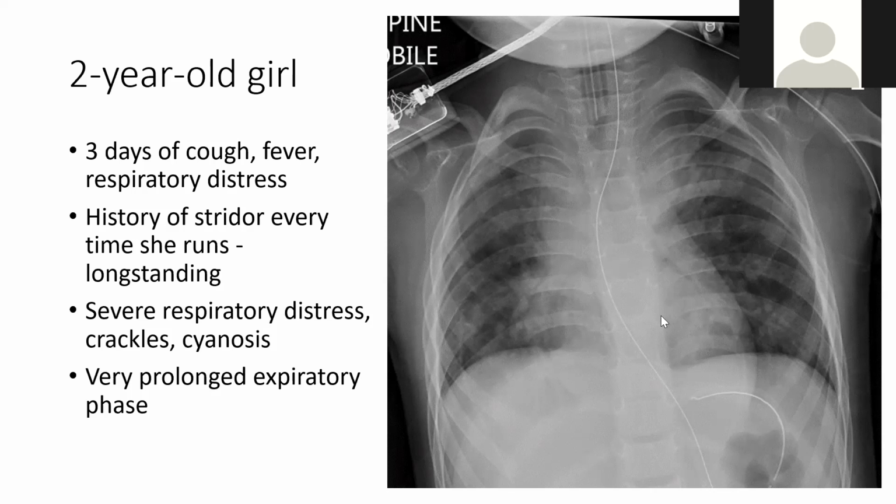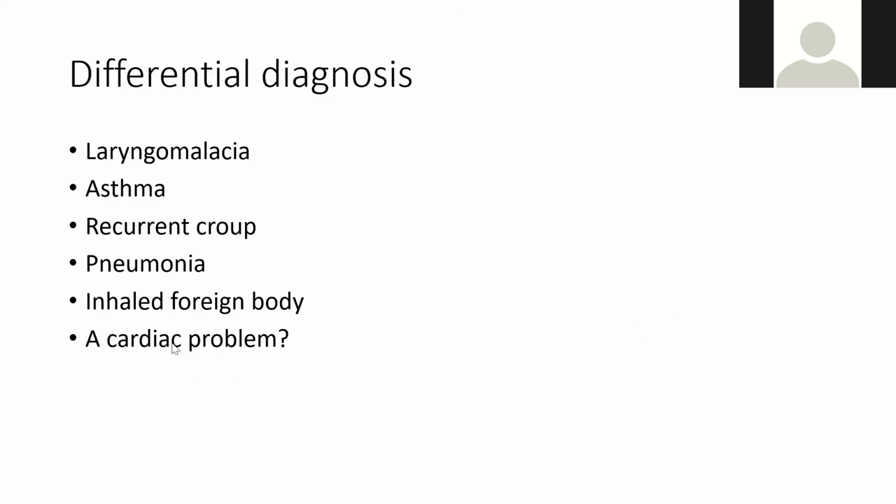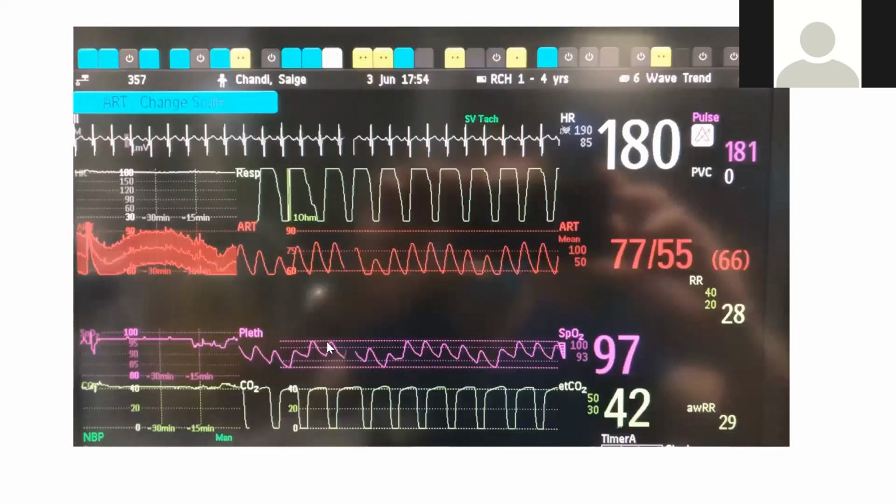That's a bit different to what this child had. I wondered if this girl might have a cardiac problem. So we did an echo, and that was suggestive of a cardiac problem. The heart itself was normal, but it was suggestive of a cardiac problem. And then I'll just tell you, she went on to have this.